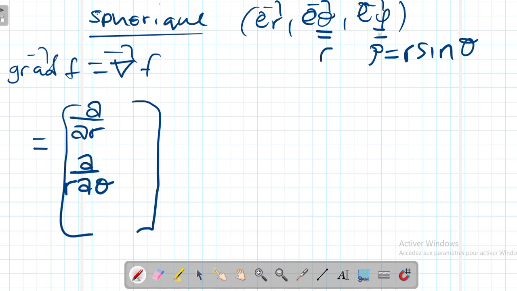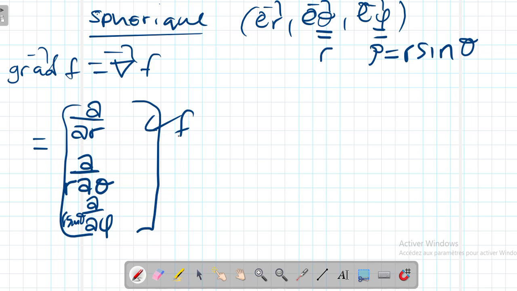Then the last one, the angle is phi, so del over del phi. The radius is rho, but we don't use rho in the spherical coordinate system, so you give its equivalence, which is r sine theta. Then you multiply by f.